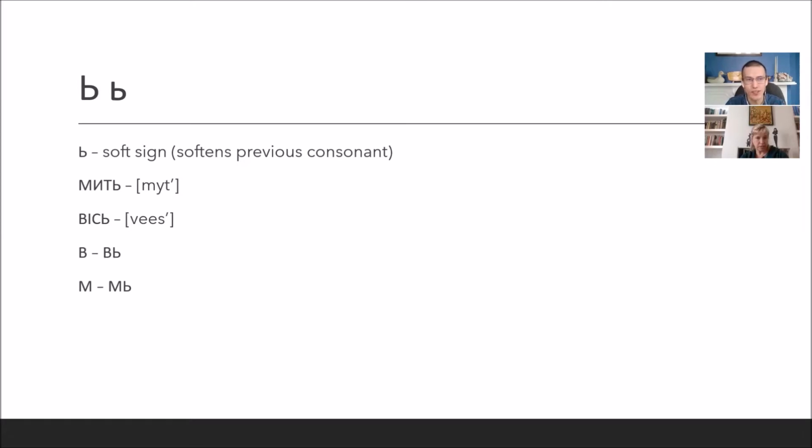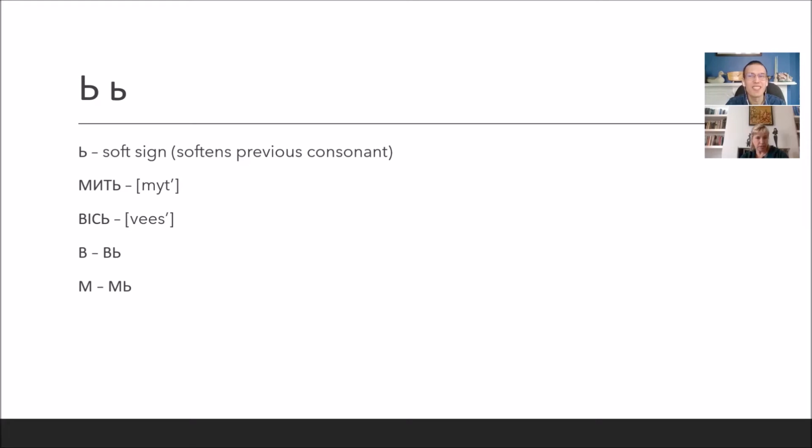With the soft sign, it's s. S without the soft sign, s with the soft sign. V without, v with. M without, m with. Hopefully it makes it more clear.